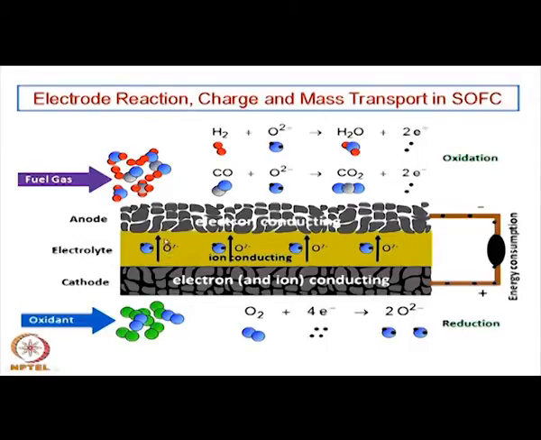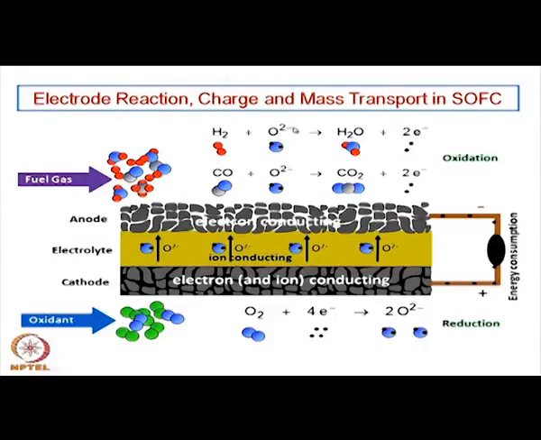Now, this can move because this electrolyte has been chosen in such a way that it has a very high oxygen ion conductivity. There is no electronic conductivity in this. So, the electrolytes, as per definition, will have only ionic conductivity and no electronic conductivity. And so, the oxygen ion will move there and then it will combine with hydrogen in this manner.